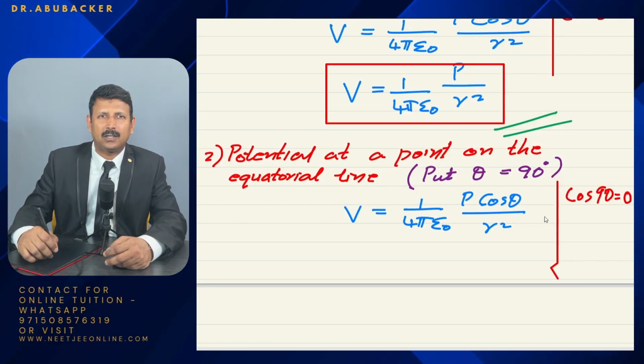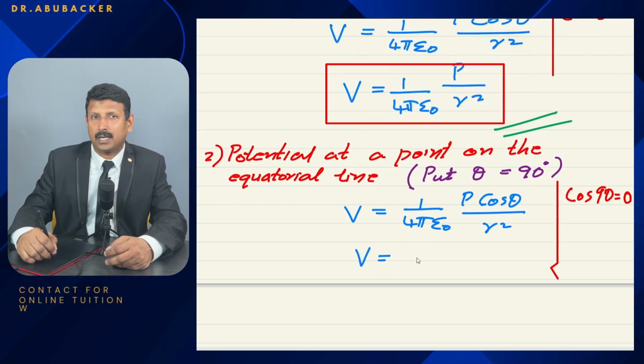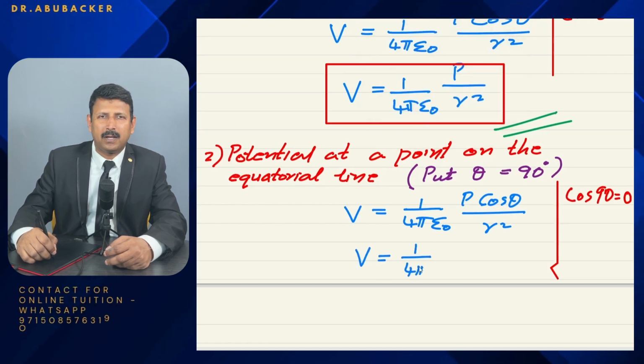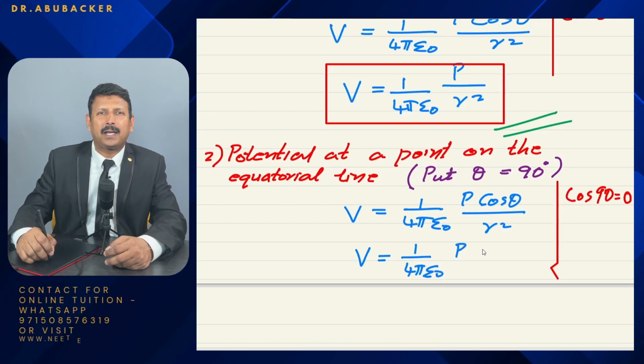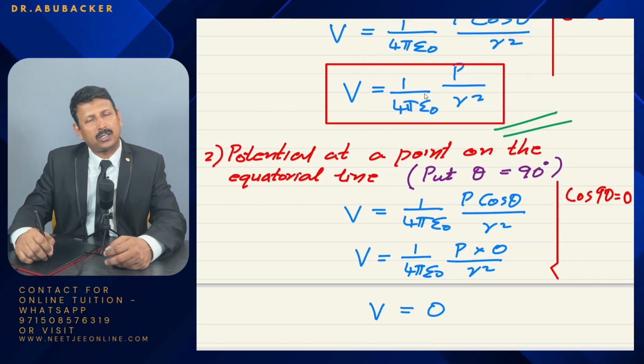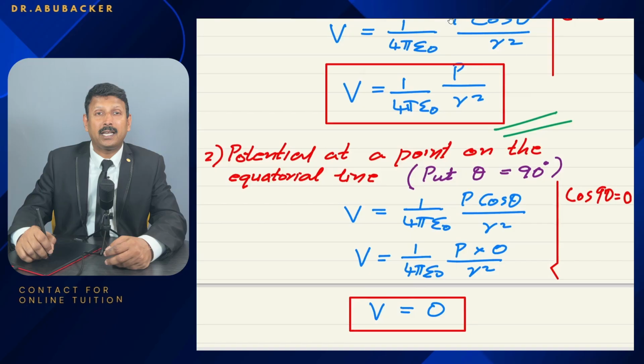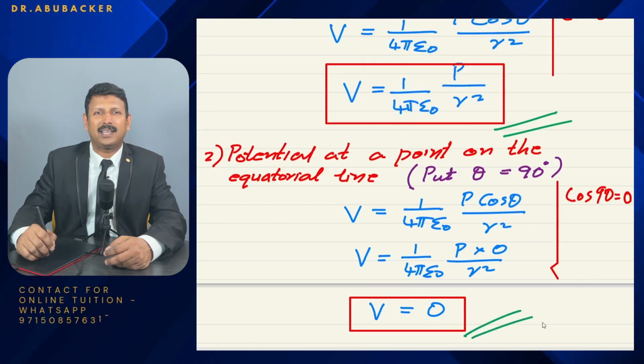So in the next expression, V is equal to 1 by 4 pi epsilon 0 p into 0, because cos 90 is 0, divided by r square. So the overall equation is 0. So V is equal to 0. What is the meaning of that? There is no potential at any point on the equatorial line.